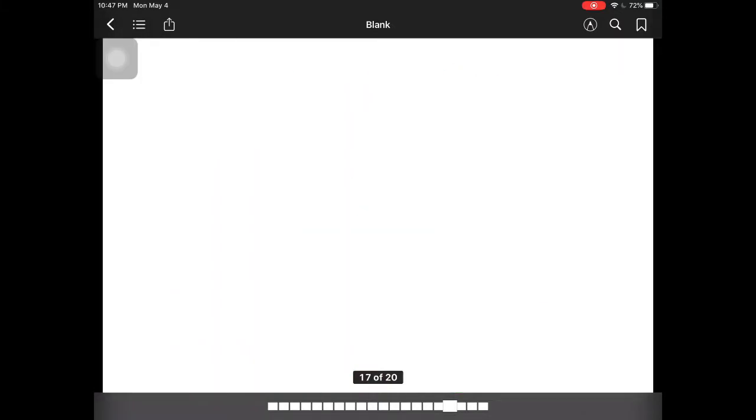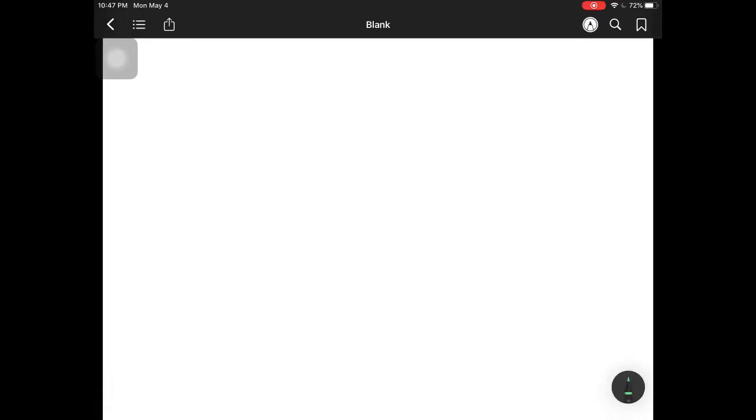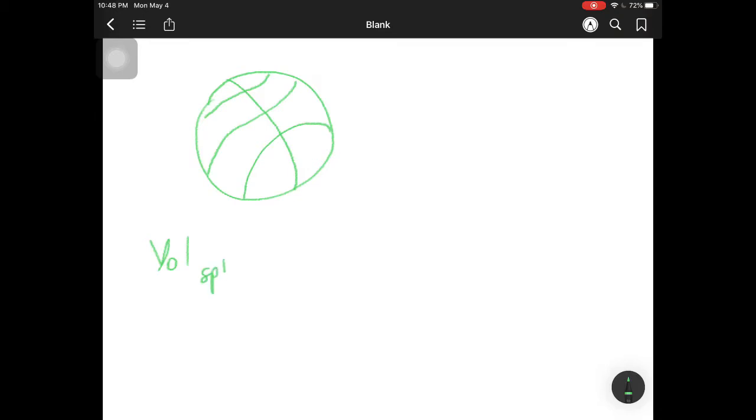Let's go to sphere. Now a sphere is like a ball. For example, it could be a basketball or any kind of ball. We call it a sphere. The volume of a sphere equals 4 over 3 pi r cubed.